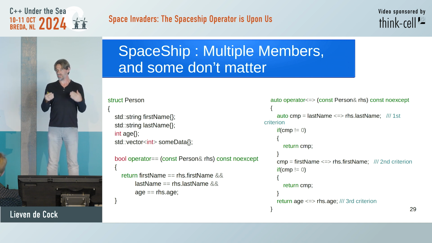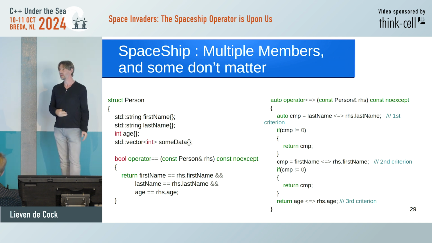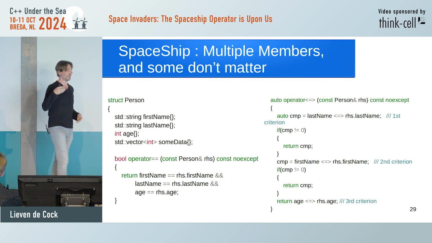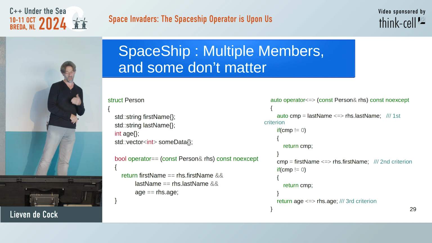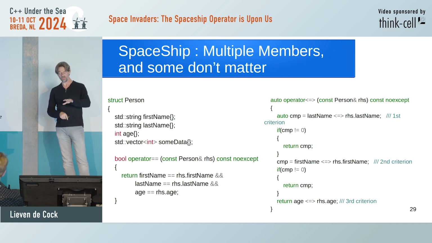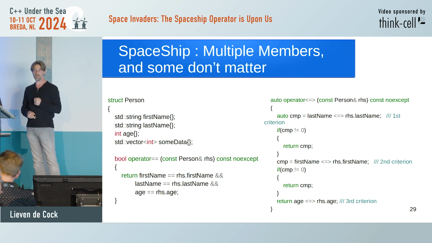If it's 0, it means they are equal. Decision cannot be made yet. We need to investigate the second member, our second criteria, which is in this case the first name. If it's again different from 0, success of the decision. Otherwise, we need to look at the very last one. So in order to implement the spaceship operator, we call the spaceship operator.